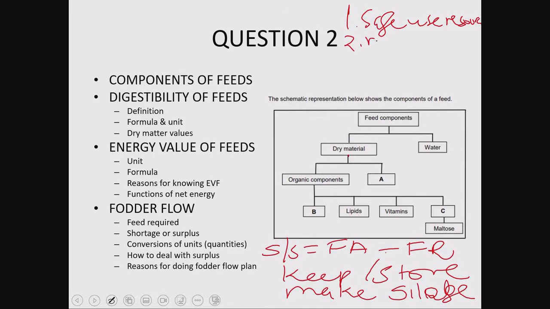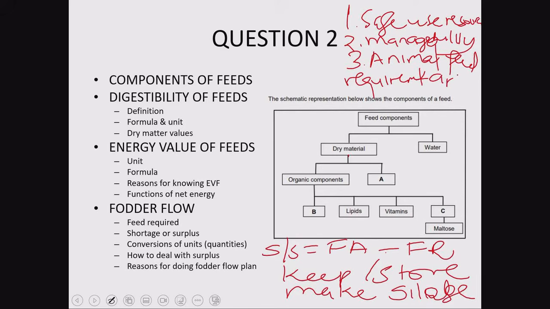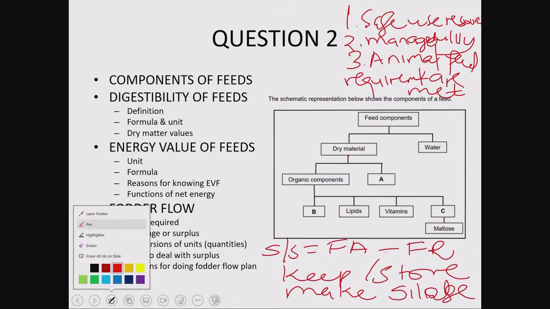Number two, manageability. Number three, animal feed requirements are met. You want to ensure that animal feed requirements are met. So that's the reason for drawing up a fodder flow.